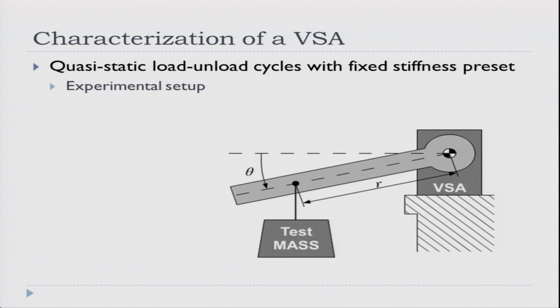So you fix a stiffness preset, for example, and you load and unload your system with an experimental setup, which can be something like this. You put a mass that you know at a given distance from the joint of your robot, and you move the link from position 0 to 90 degrees and back and forth, back and forth.